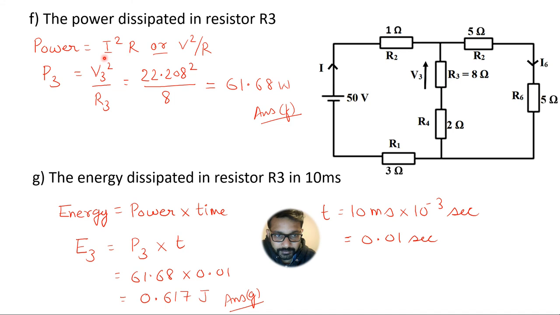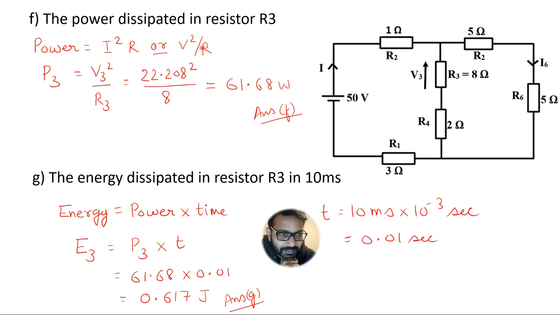Either you can calculate by using I square R, or you can use V square divided by R. I would prefer to use V square divided by R. Although V3 we have calculated and R3 is given, you can calculate the current flowing through R3, but it's up to you. You would have to include one more calculation, so I'm trying to skip that additional calculation.